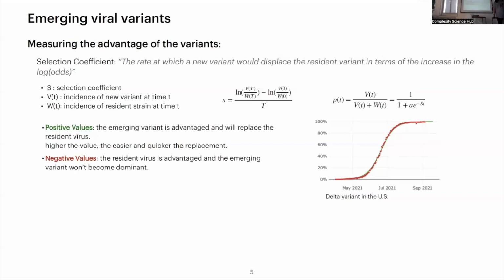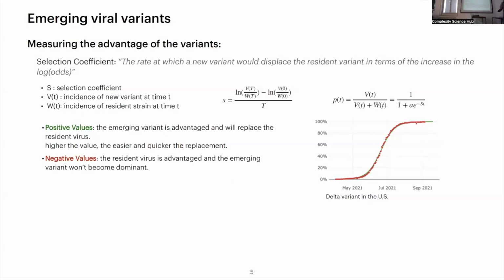We have to assume that there is exponential behavior, so both of the variants grow exponentially. So this equation is valid at the earliest stage of emergence.